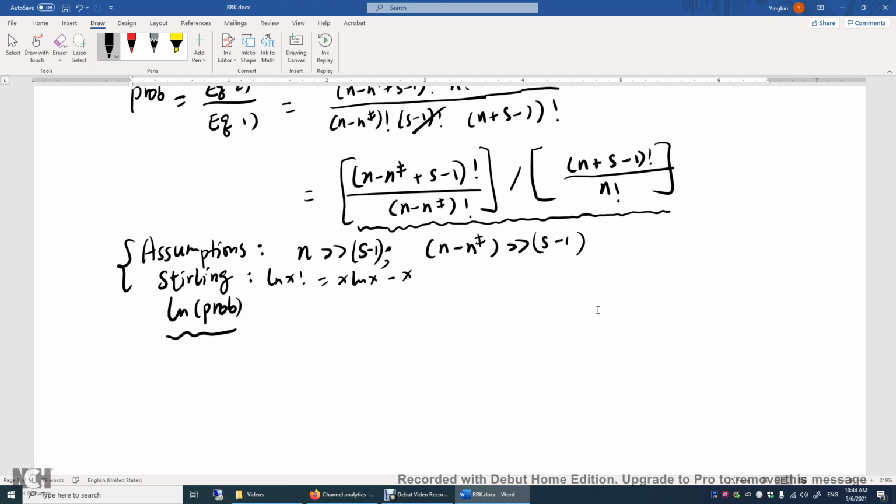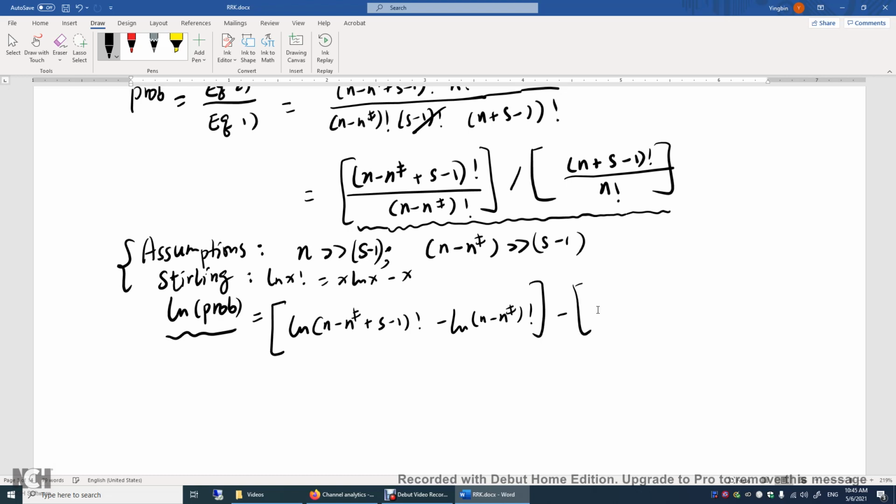Okay, again, we're going to focus on the logarithm of the probability. It's going to be fairly complicated. It's going to be the logarithm of n minus n double dagger, this factorial, minus this factorial, right?